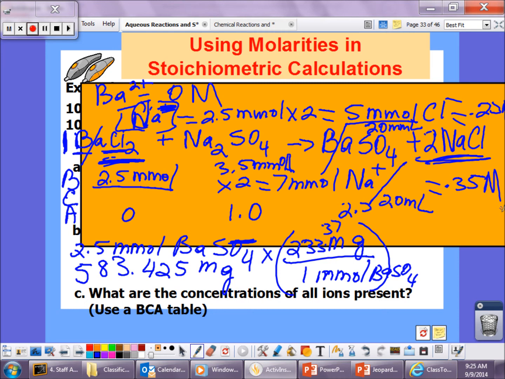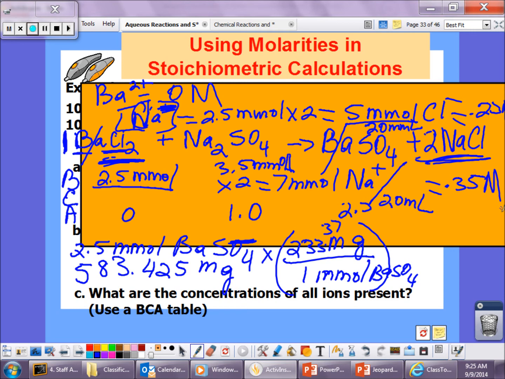It is 0.35 molar of my sodium ion. So I did barium, which is 0, I did the chloride, I did the sodium. How about what happened with the sulfate? Remember, we have some leftover sodium sulfate here. What was the amount after for the sodium sulfate? It was 1.